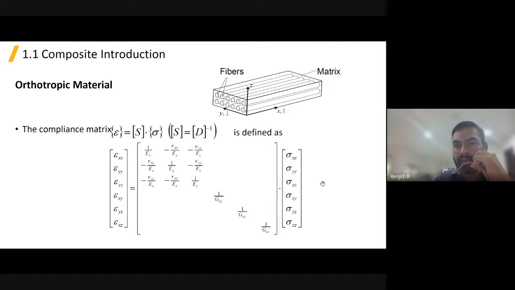Normally we use the integral over the volume of B transpose times the D matrix times the B matrix times dV, and that gives the stiffness matrix, which we use to find the force and deformations.